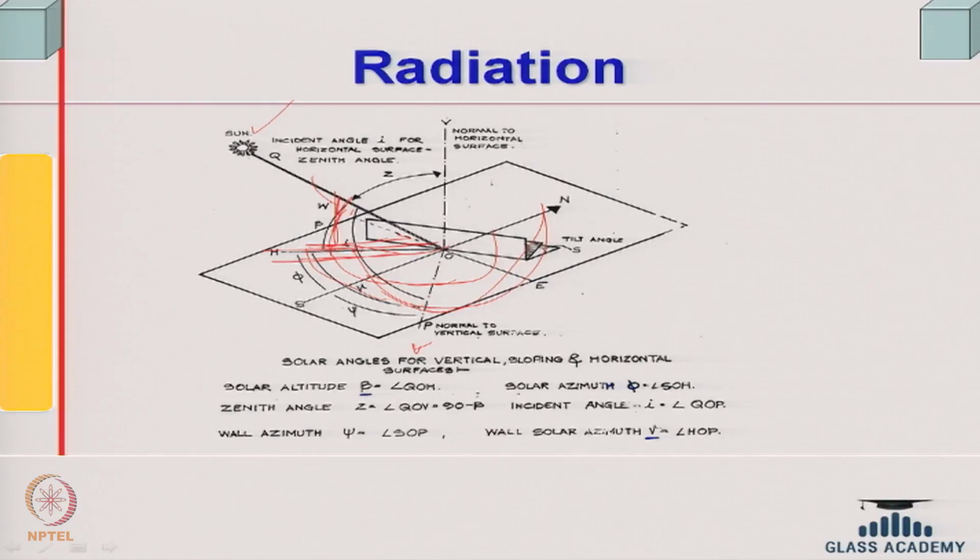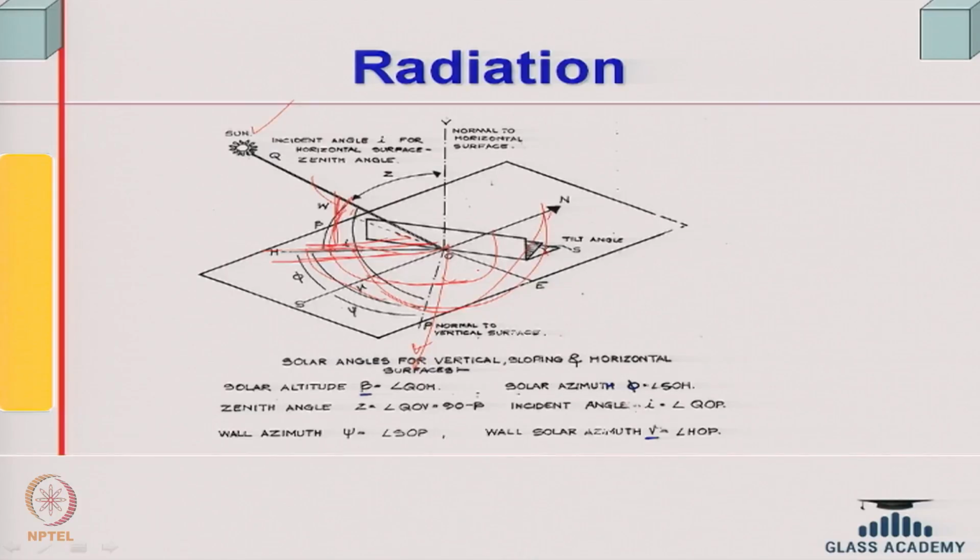One we call the tilt angle, which depends upon whether it is inclined or vertical; if vertical, the tilt angle is 90 degrees, right. And if I draw a normal to the wall, then the wall azimuth is the angle between my reference line and this normal to the wall.